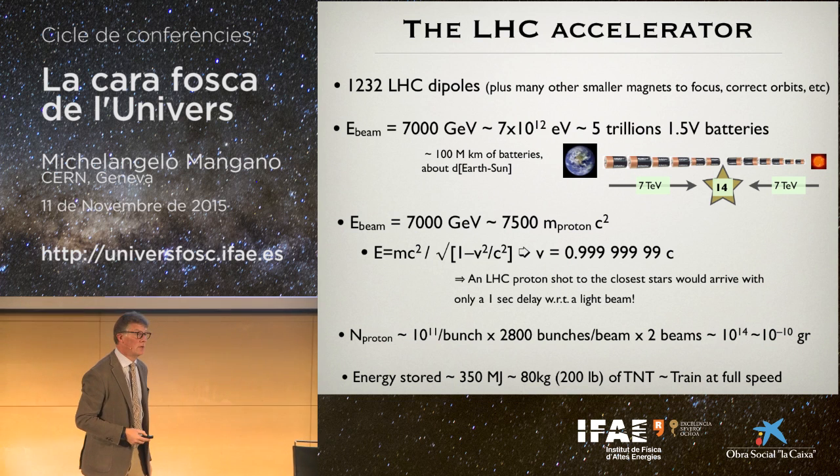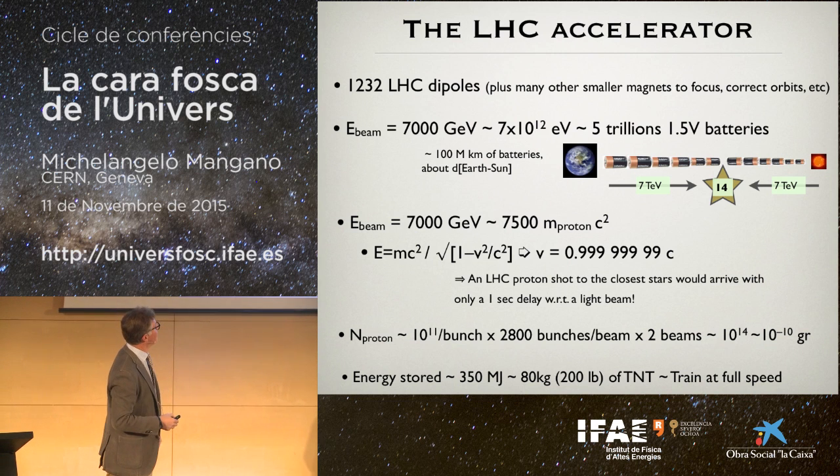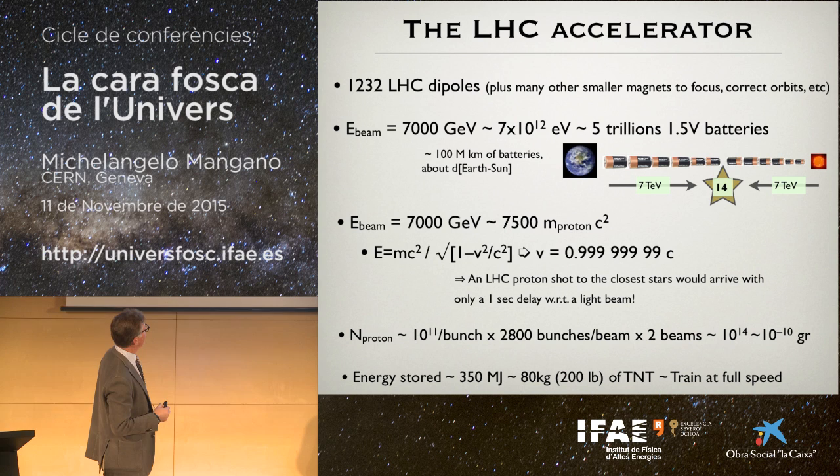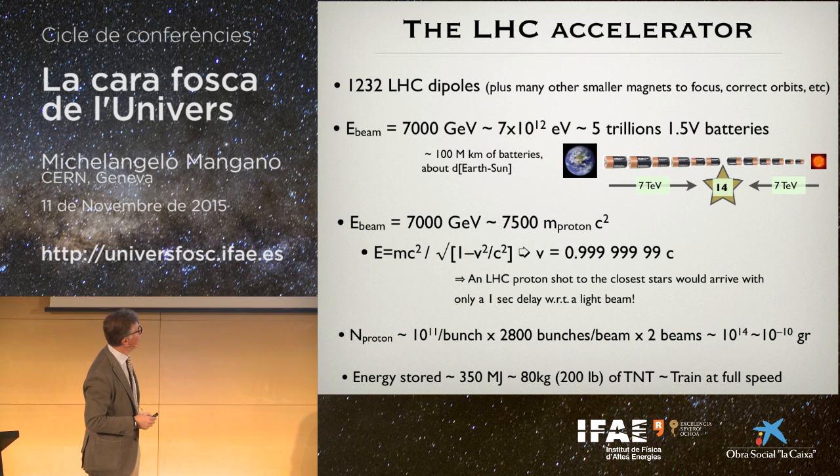At this energy, the proton goes so fast, you remember the equation between the energy and the velocity. In order to achieve this energy, the proton has to move at a speed which is close to the speed of light to within 1 part in 10 to the minus 8. So it's 0.9999999 times the speed of light.